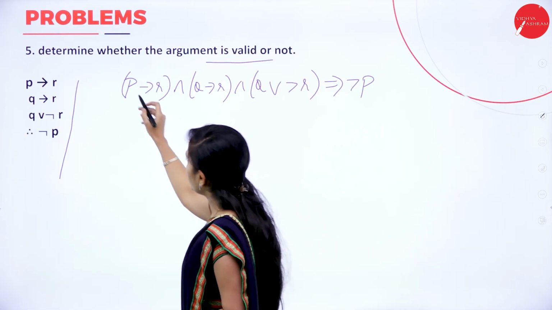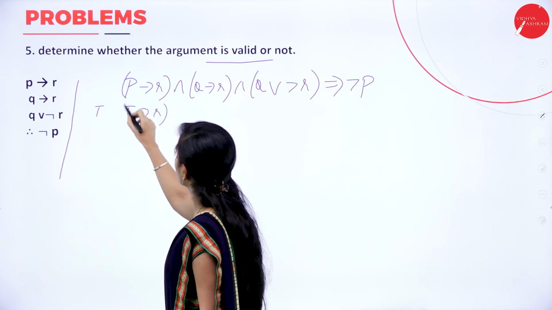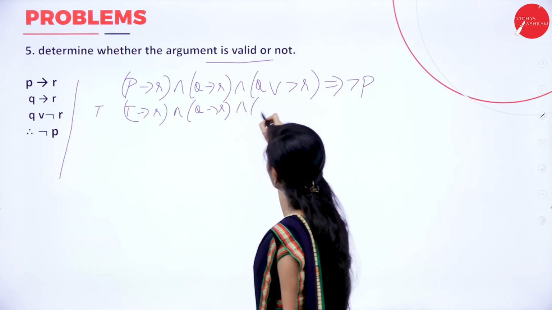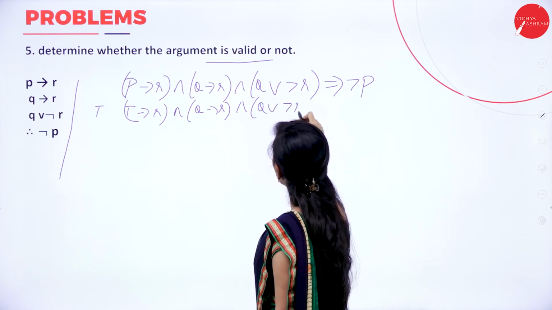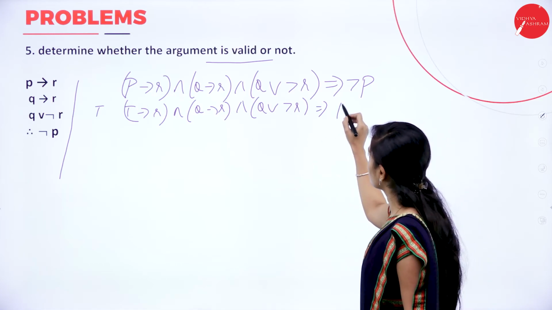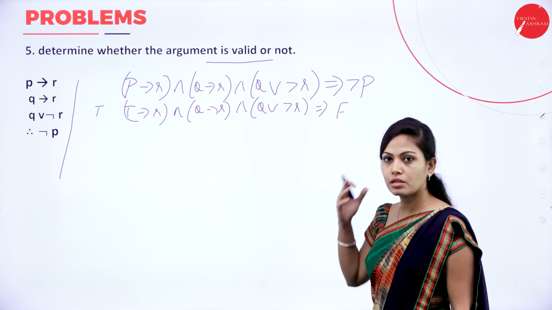So if P is true, then negation P is what? It is false, right? If P is true, negation P is false.